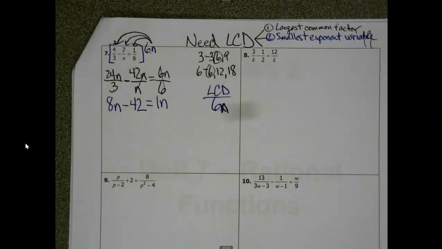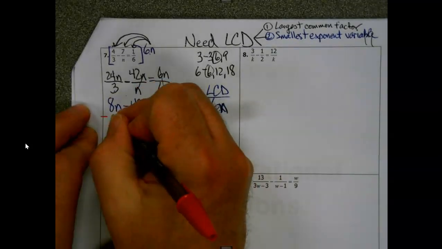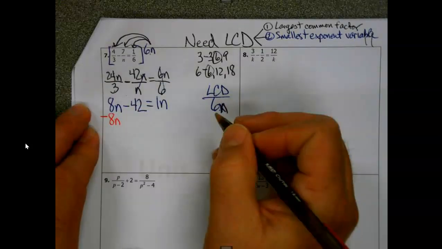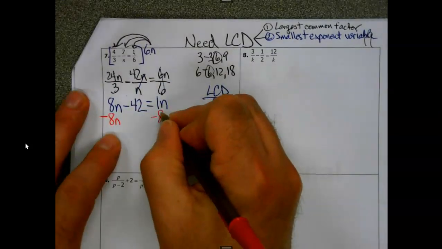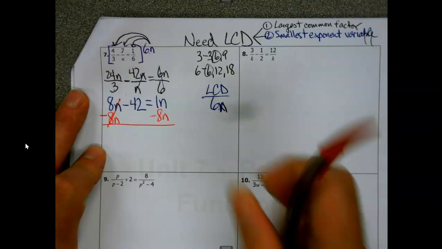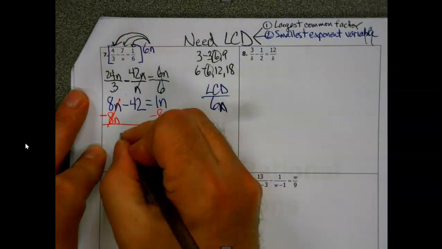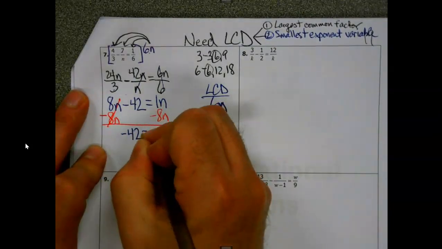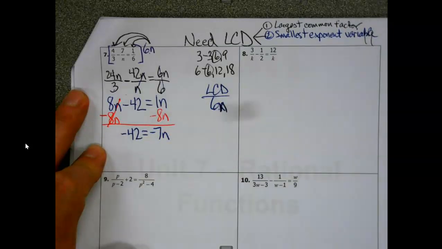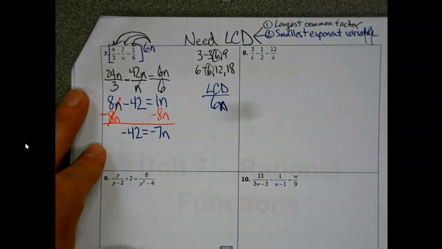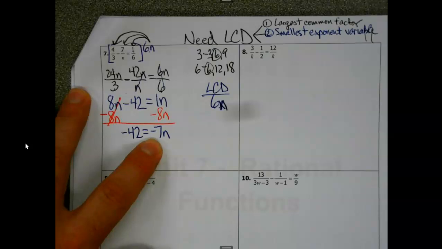Because here, then when we get there, now it's just, we're back to Algebra 1 again. We're going to get all our n's together. And remember, we're not adding 7 to both sides.